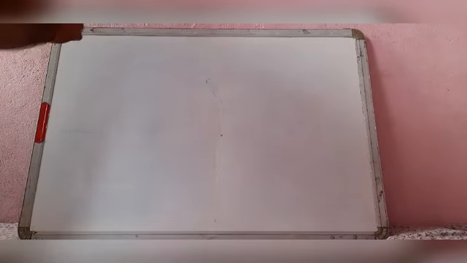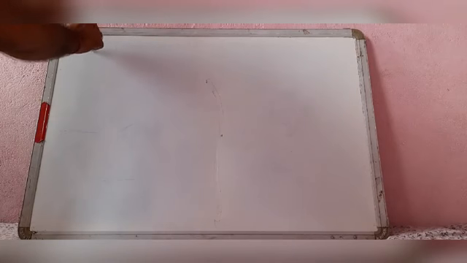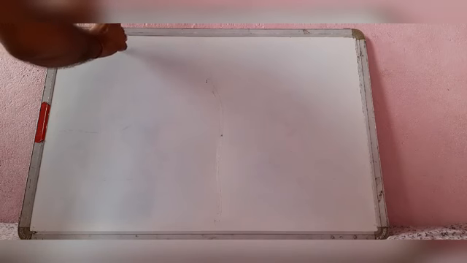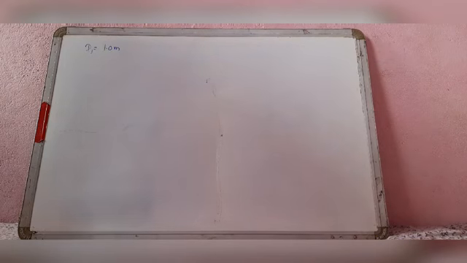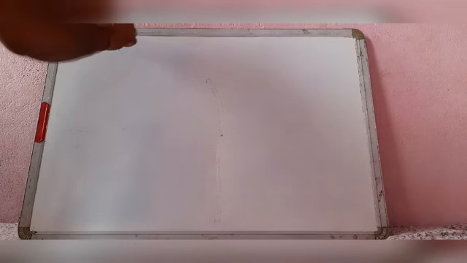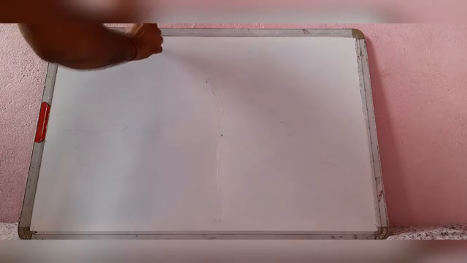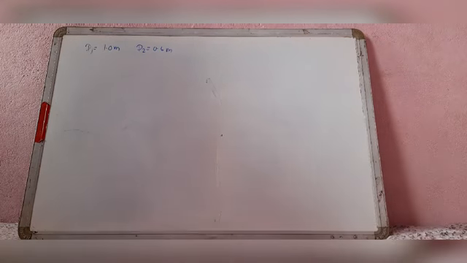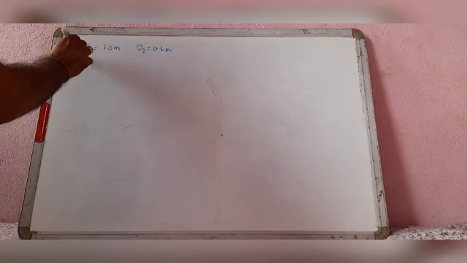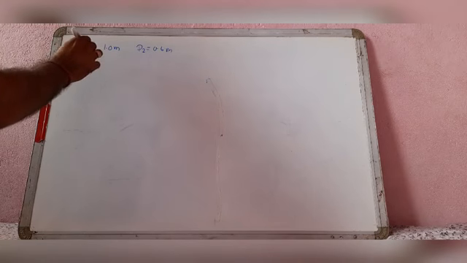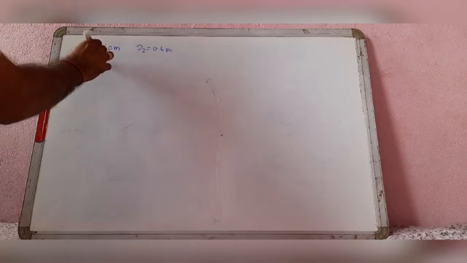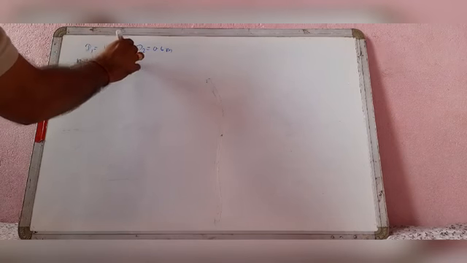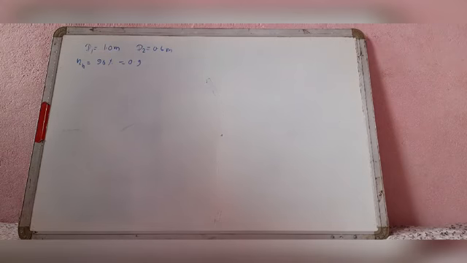Here the data given: D1 equal to 1 meter, the internal diameter D2 is given 0.6 meter. Hydraulic efficiency is given 90%, that is 0.9.